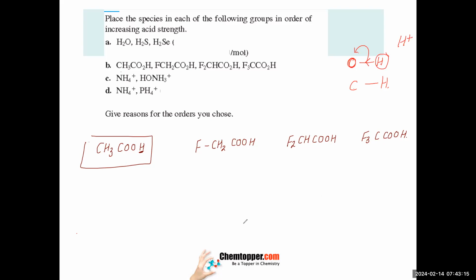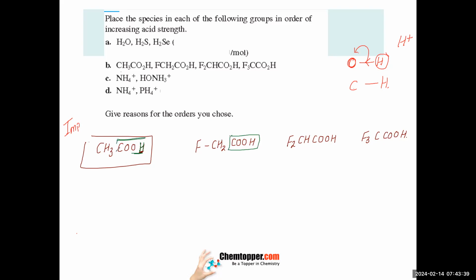Okay, now based on this understanding which I have just given you, can you answer which one is the strongest acid here? This is an important question. If you see here, they all are oxygen containing acids. So in all the cases, the hydrogen is on the oxygen. This part is not changing.